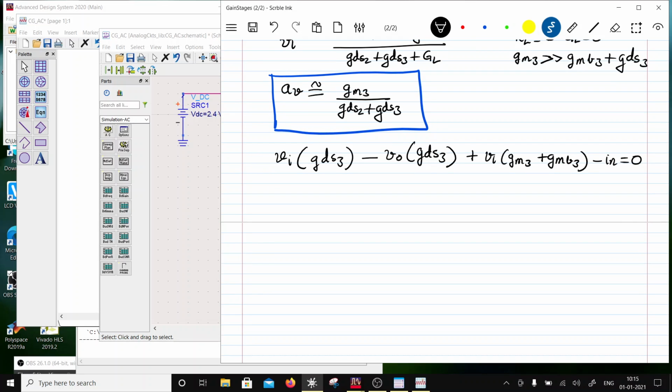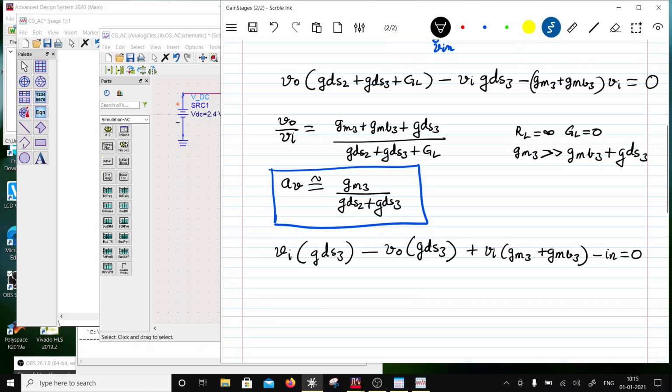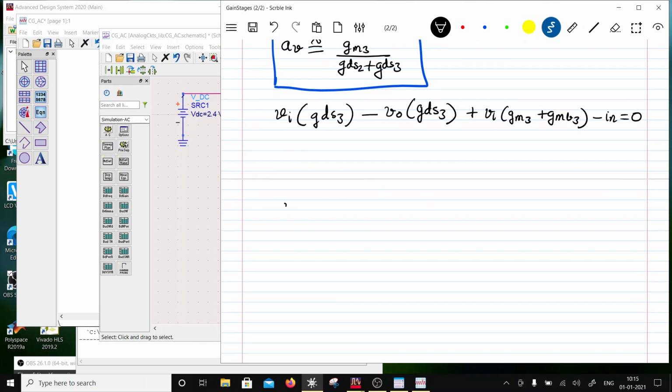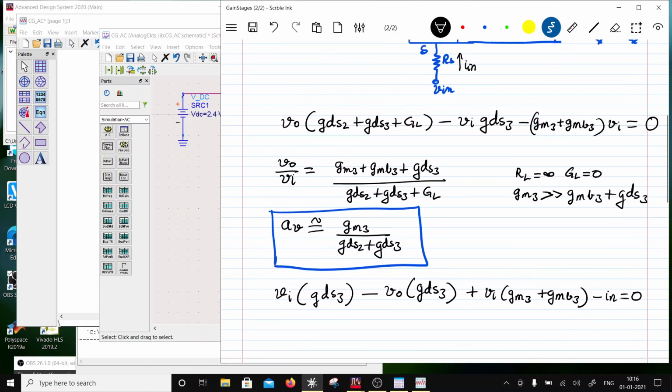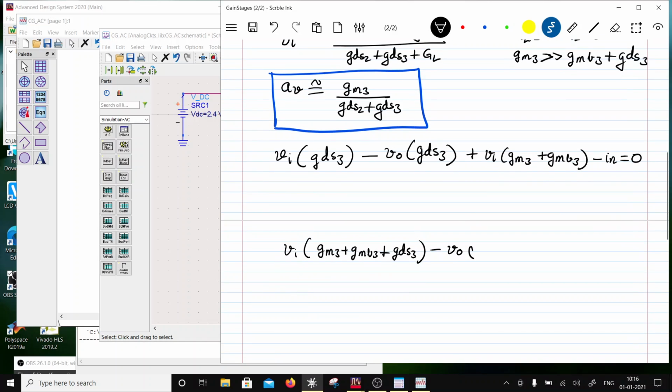Now rearranging the terms, and using this equation, let's collect the terms. VI times of GM3 plus GMB3 plus GDS3. Now VO I can write as VI times of this. Okay, so VO is VI times of that.